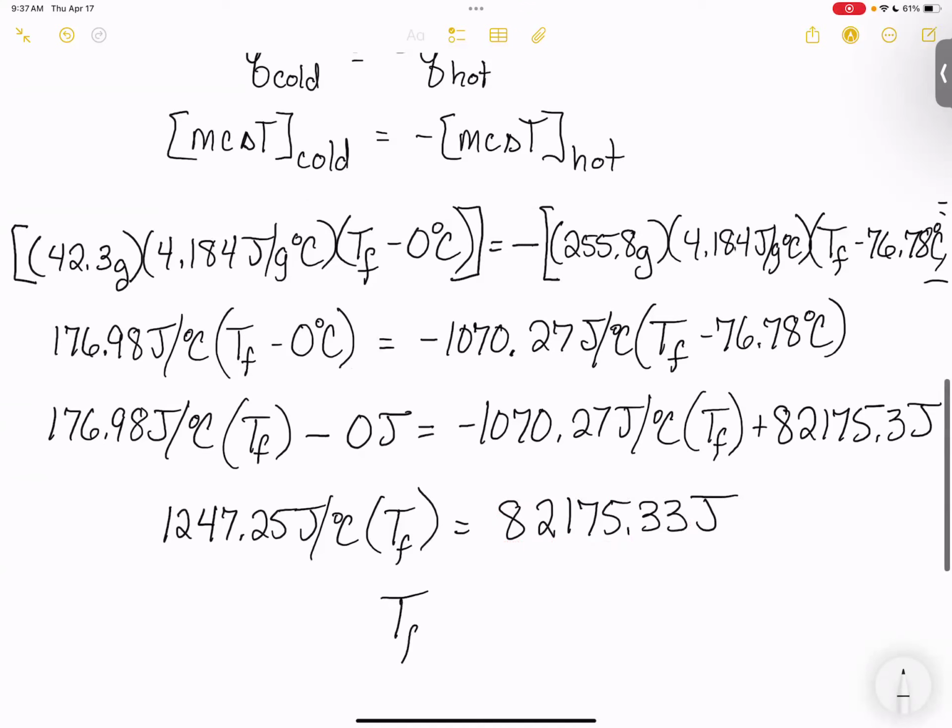You then solve for T final by dividing both sides by the 1247. And you get a value of 65.9 degrees Celsius. So the cold water winds up going from 0 to 65.9 degrees Celsius, and the warm water drops from 76.78 to 65.9.